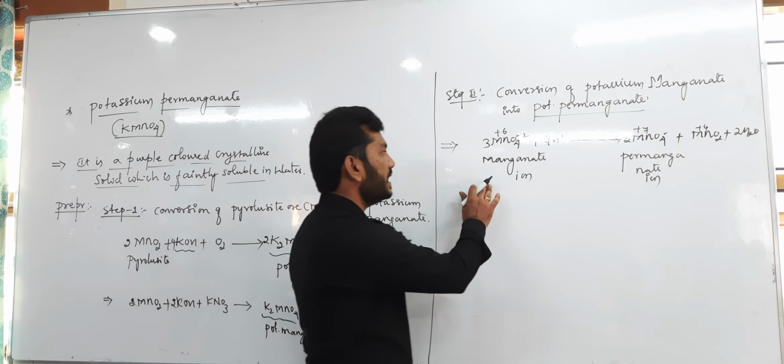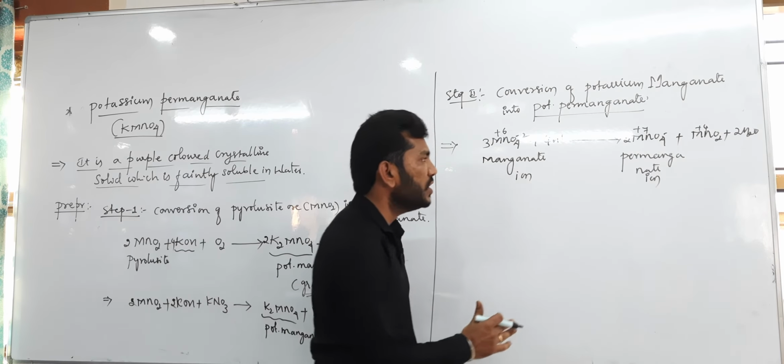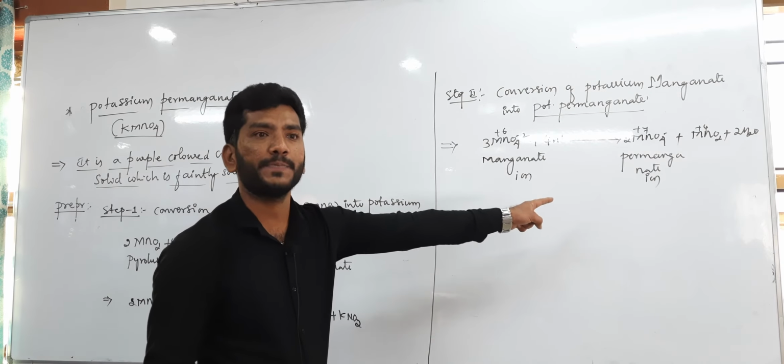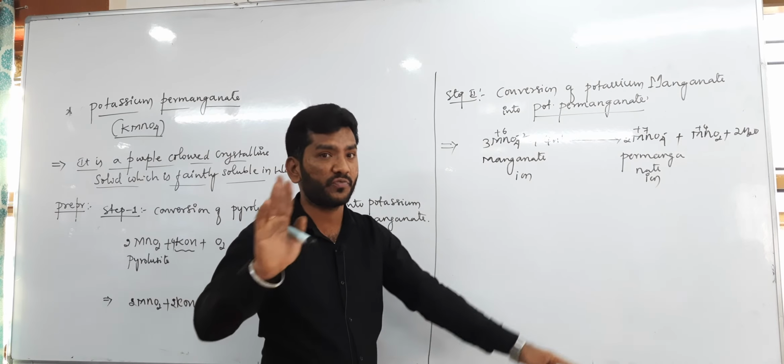So here the manganate ion undergoes a disproportionation reaction under acidic or neutral medium, and we actually get the corresponding permanganate ion. This is only one step, but we have 2 more steps, you just focus on that.